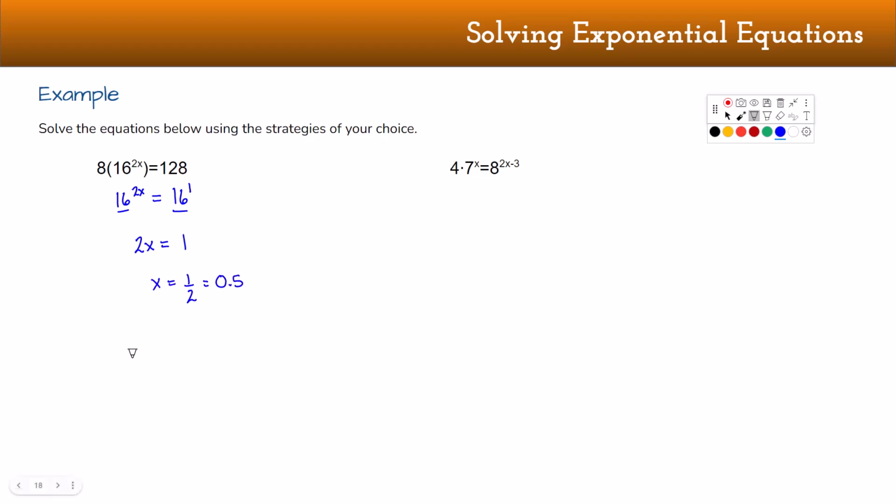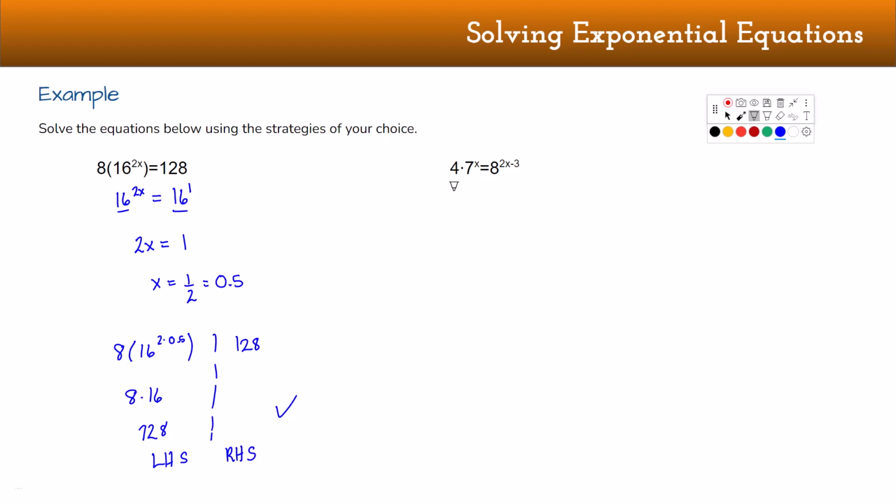Now we can check this by substituting it back, and let's start with the right-hand side, 2 times 0.5 as the exponent, and this is 16 to the 1, so that's 8 times 16, which is 128, and we knew the other side was 128. So the left-hand side equaled the right-hand side. Oh, look at that messy writing. And we know we got it done.